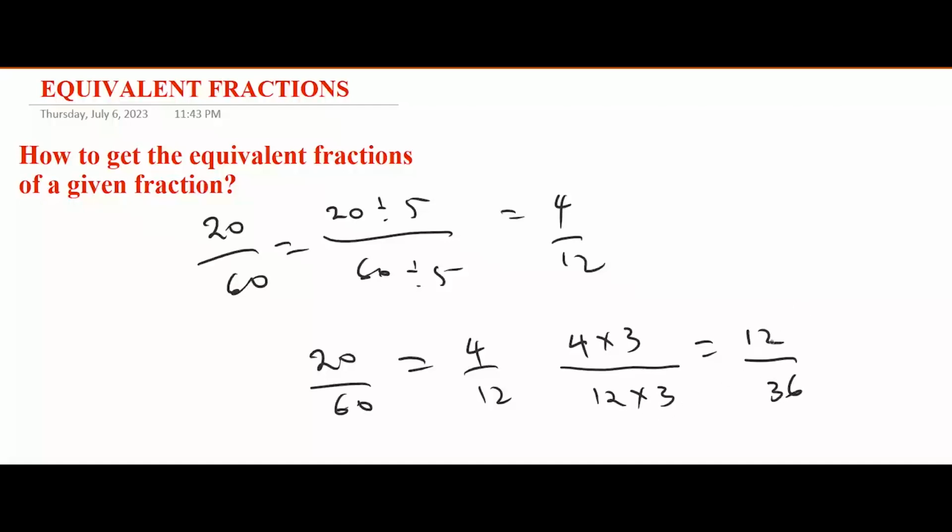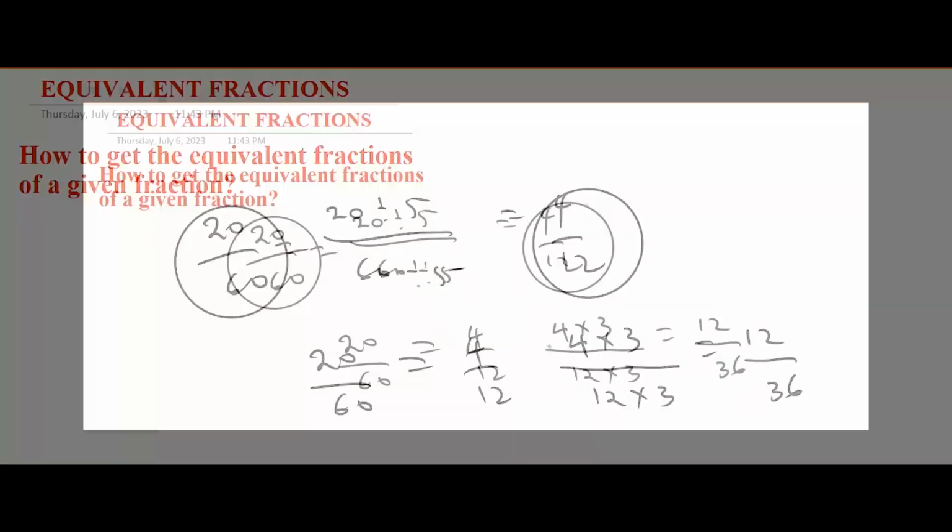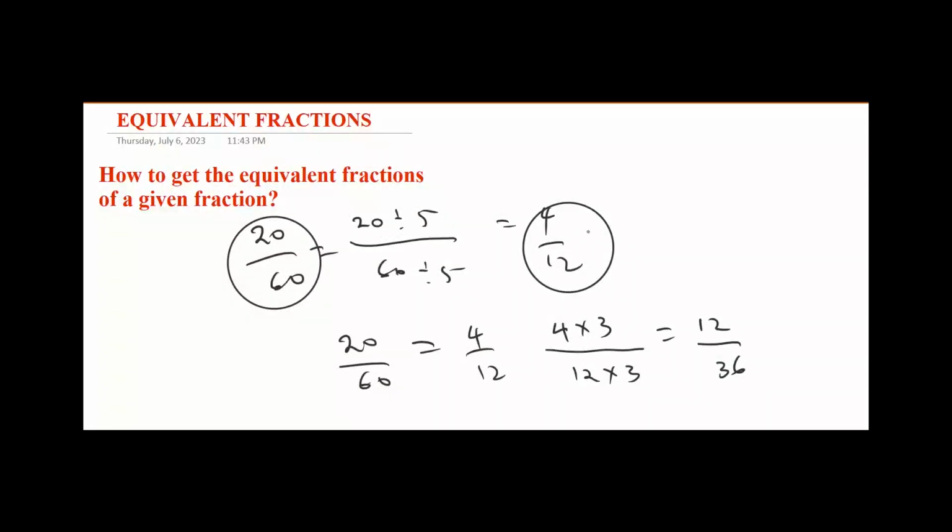So 12/36 is also an equivalent fraction of both 20/60 and 4/12. These are the two ways you could get an equivalent fraction of a given fraction, either by multiplying or dividing the numerator and the denominator by the same number.